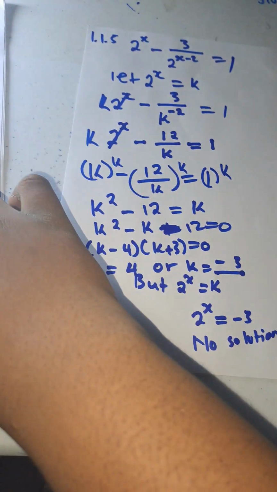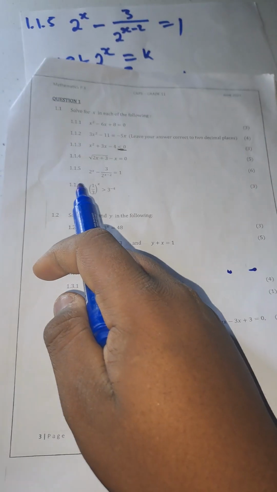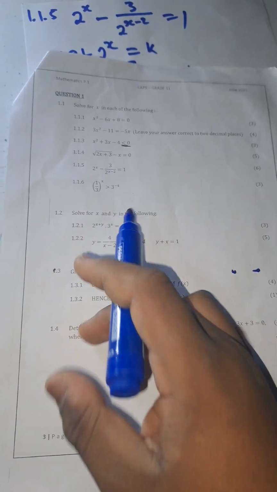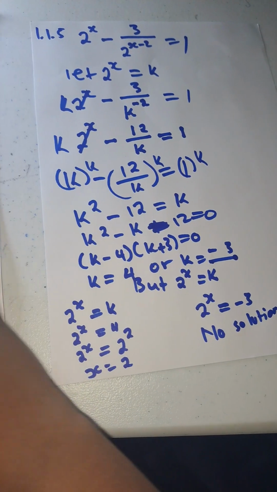Now let's continue to the next one. What is it saying? 1.1.6. 1 over 3 to the power of x greater than 3 to the power of minus 4.